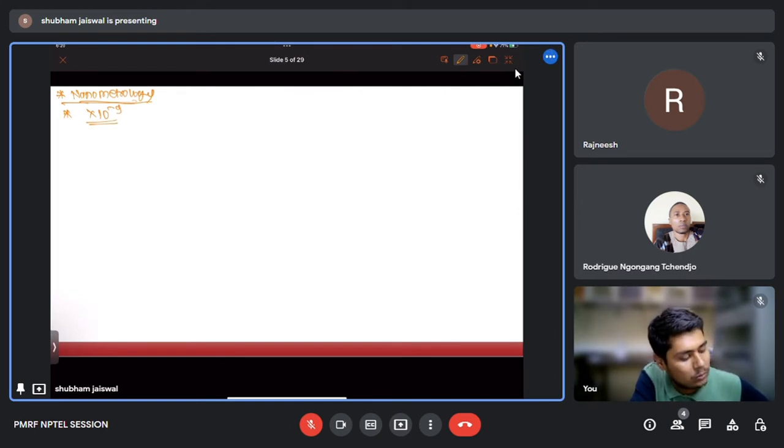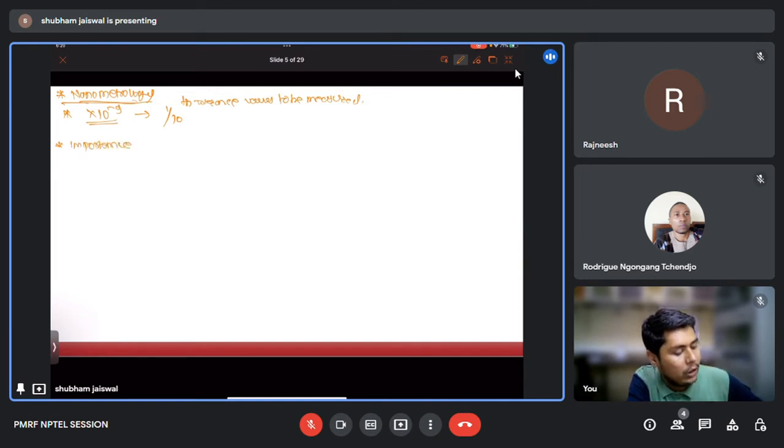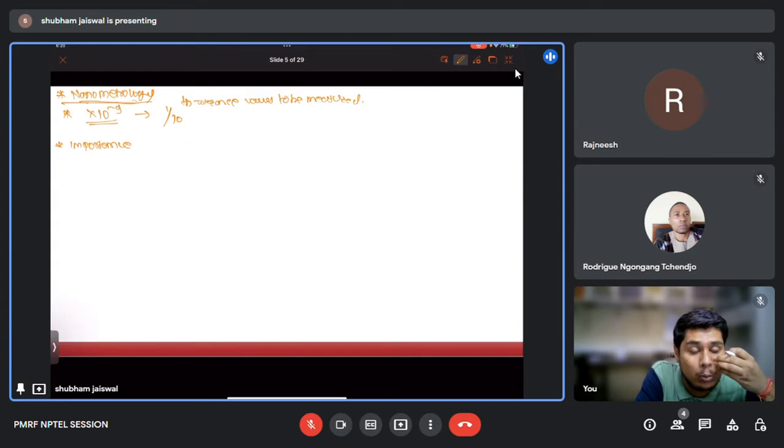So 1/10 of the tolerance of values to be measured. In nanometrology, we have seen the importance of nanometrology, why we need nanometrology in our day-to-day life.